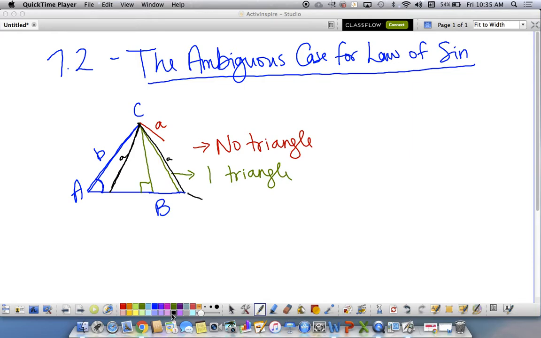And that would make 2 triangles. It's all going to be about your angle B. If angle B is obtuse or acute will depend on how many triangles you will have. This is the ambiguous case.